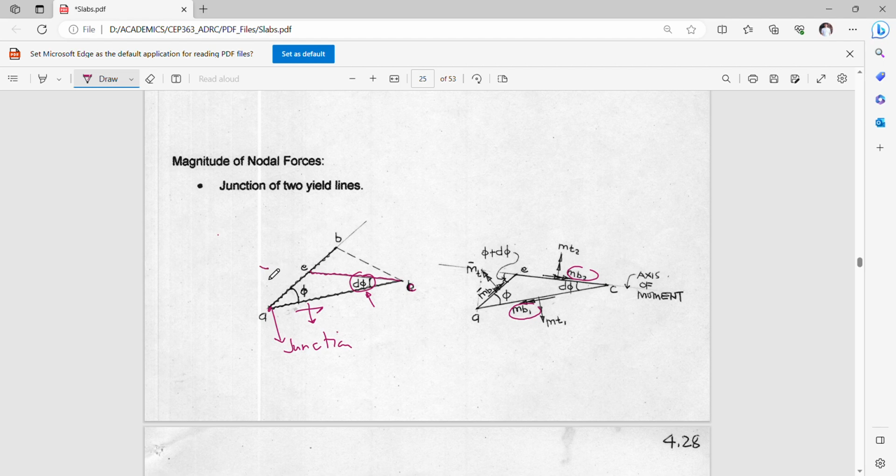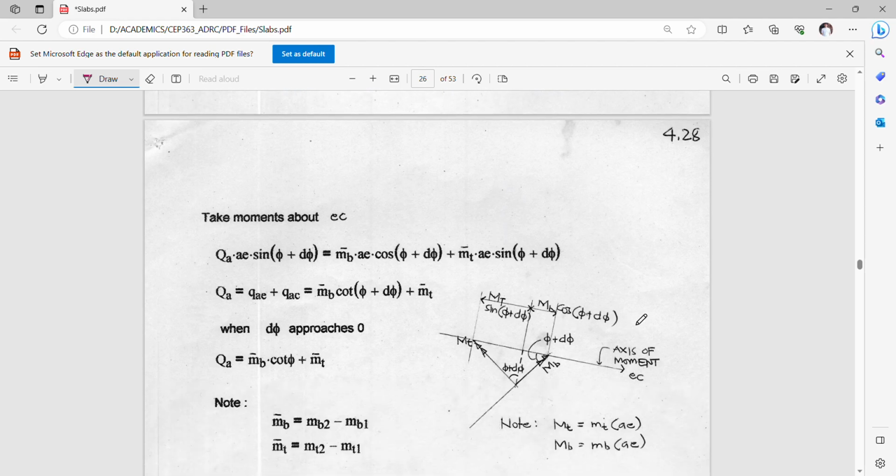So if I extend this line here and I make a perpendicular line down here to there, I may now use this triangle as my basis for moment. So this triangle here that you see is now the triangle that I made.